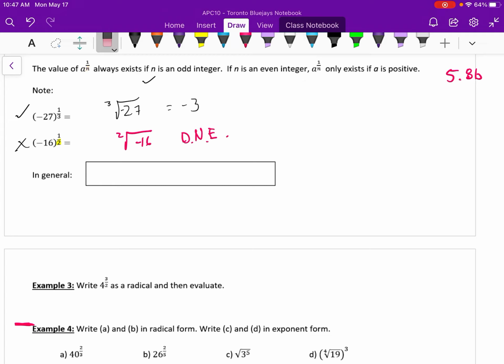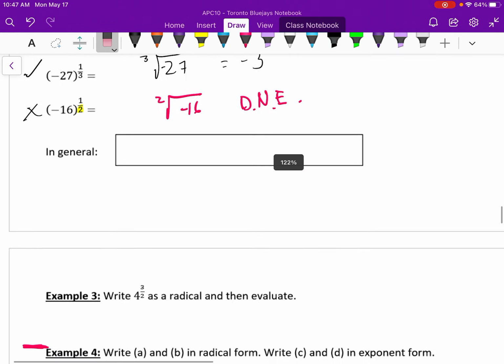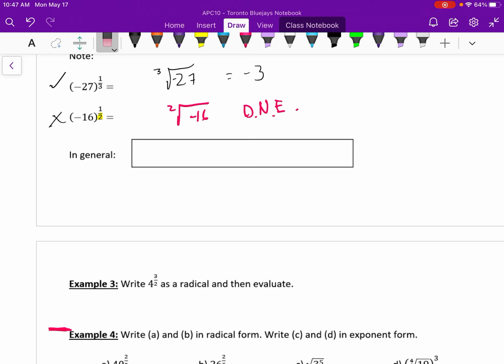Now I am going to jump over into something that may not make any sense initially, but please stick with me. Did you know that a to the power of m over n, notice my denominator is n, and my numerator, I'm going to call it m, can be converted into radical form?